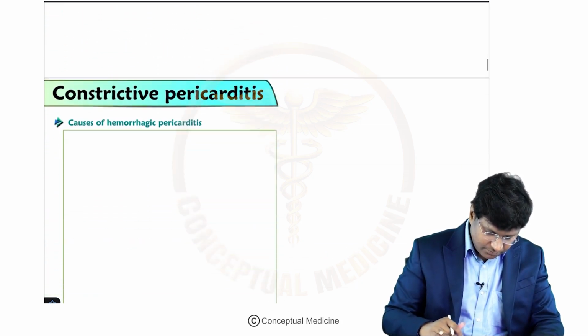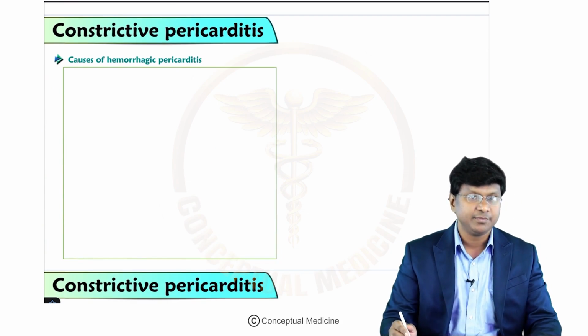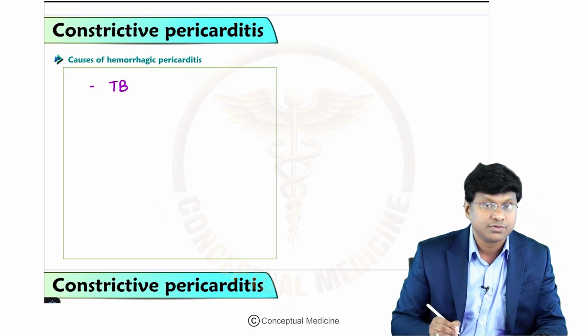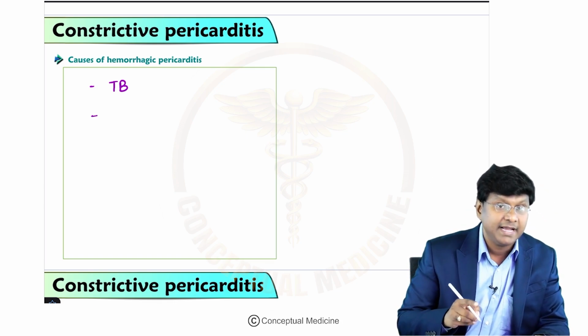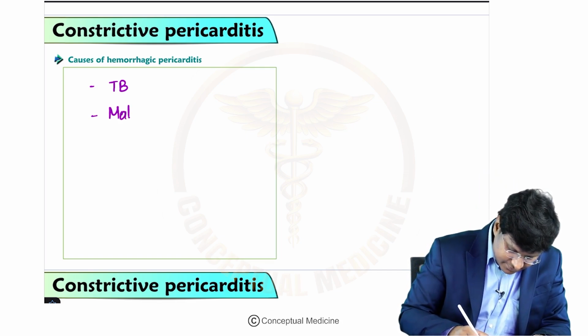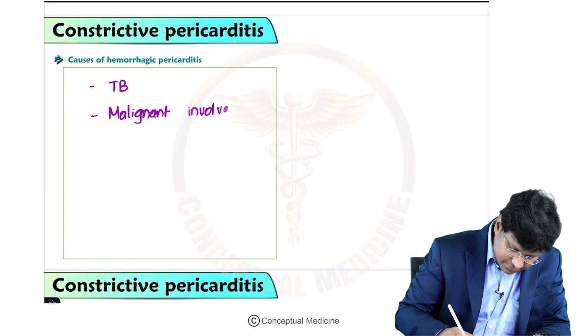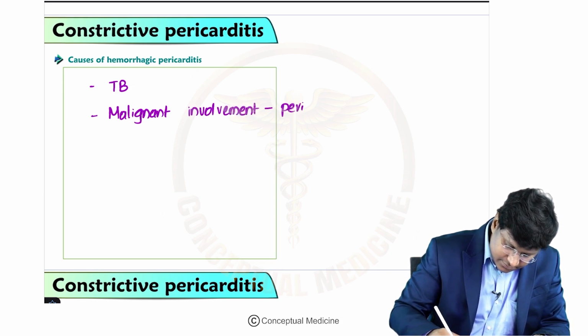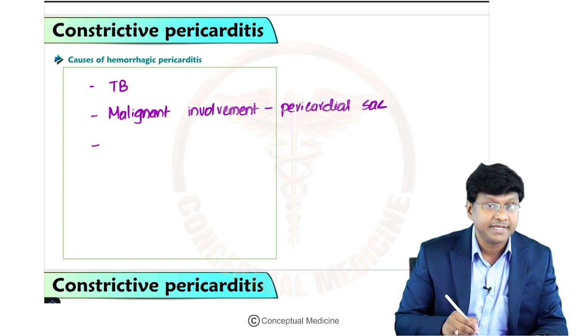Now, what are the various causes of hemorrhagic pericarditis? The causes include, number 1, tuberculosis. Next, malignant involvement of the pericardial sac.